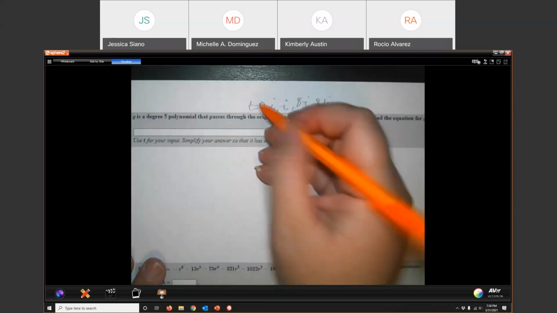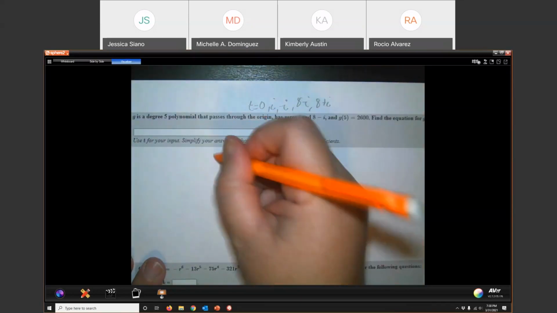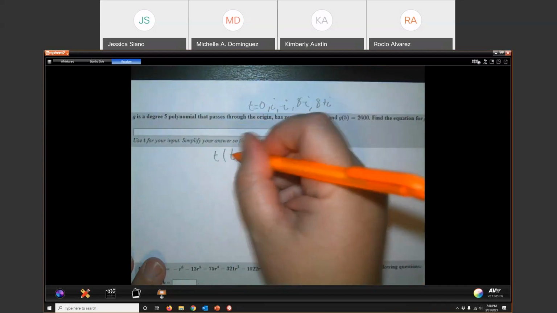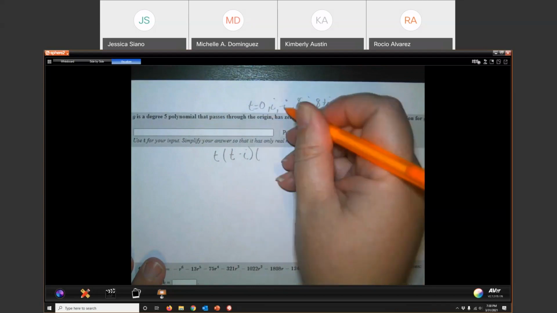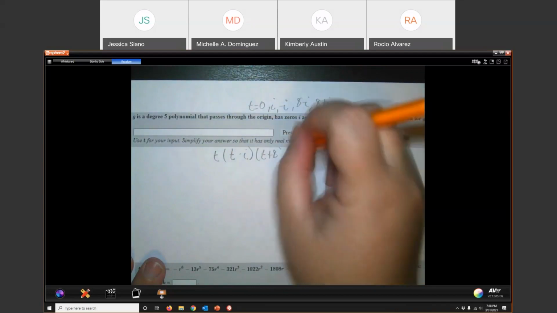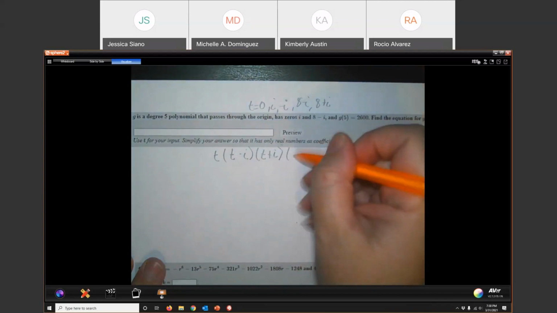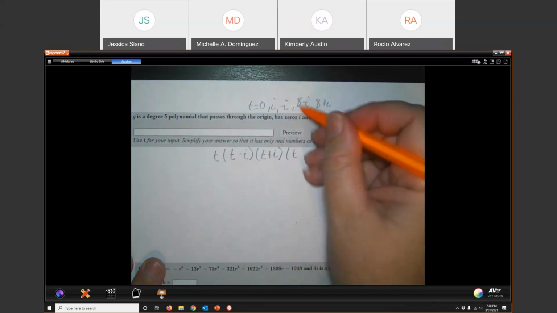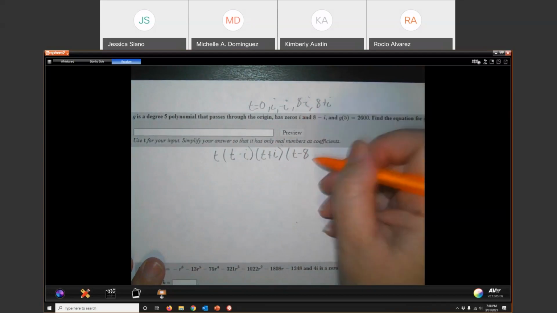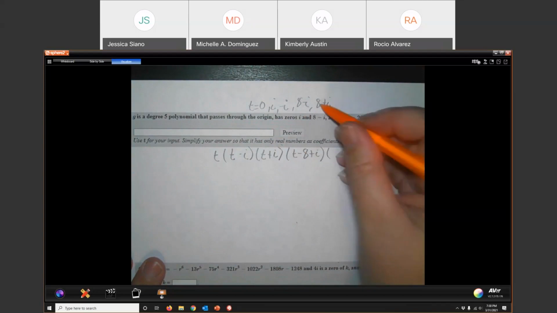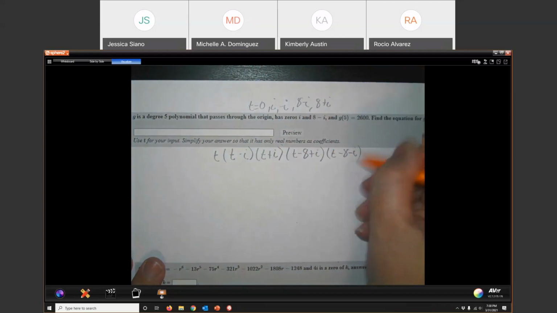If you have a root at t equals 0, then your factor is just t. Then this would be t minus i, this would be t plus i. This would be t minus 8 plus i, since you'd move the 8 over and the negative i over. And this would be t minus 8 minus i.